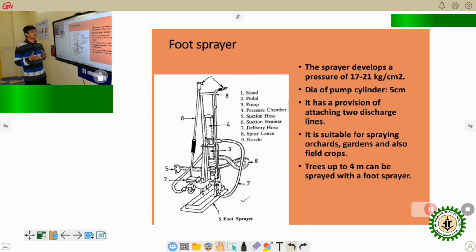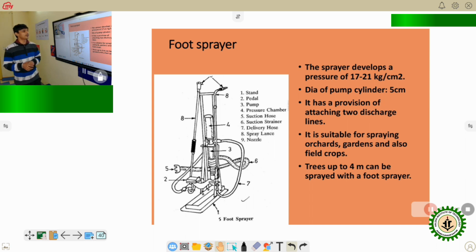Apart from that, there is the foot sprayer, which is operated by foot power, and it produces more pressure, around 17 to 20 kg per centimeter square. The diameter of the cylinder is the same, around 5 centimeters, and it can be attached to spray lances.